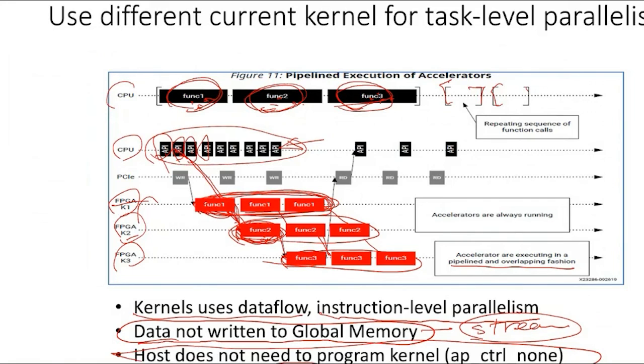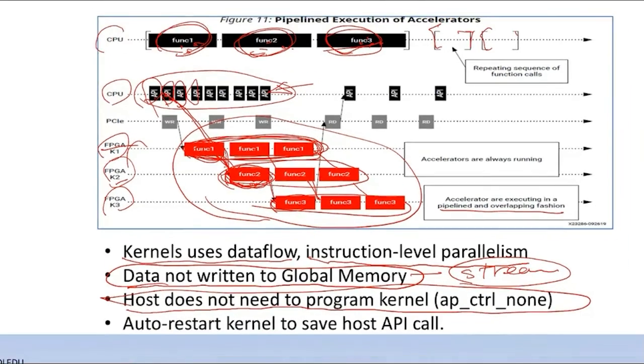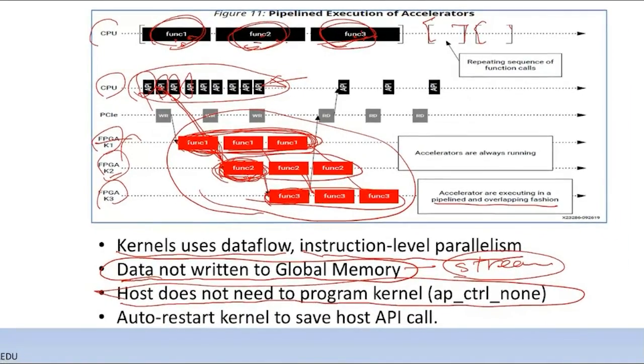So for this drawing, to achieve this, you have to use the data flow, because the data produced is fed into function two. Function two starts running, and function two does not need to wait. It should not have the block level protocol.